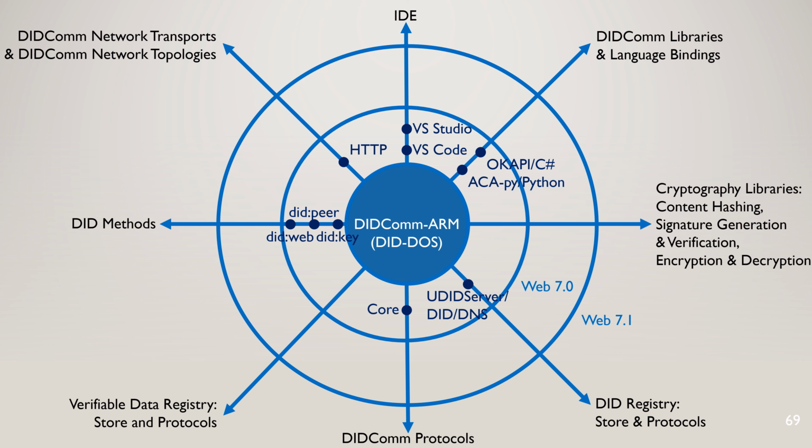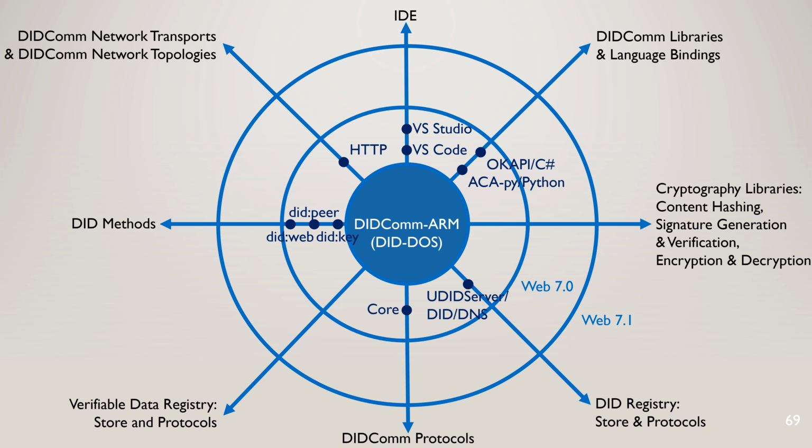That represents all the things from a roadmap perspective that we'd want to realize to fully realize that initial version of Web 7.0. If we look at the names around the periphery, there are different DIDComm libraries and language bindings. So there's Aries and, for example, Okapi, and the language bindings, Python and C# respectively.